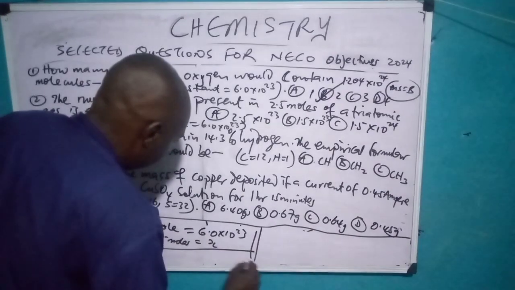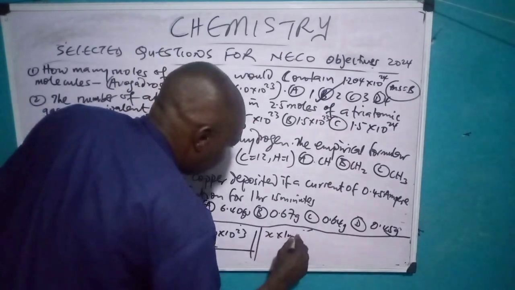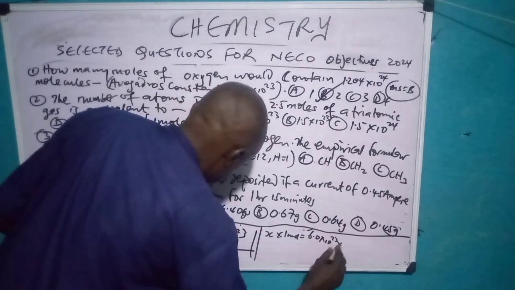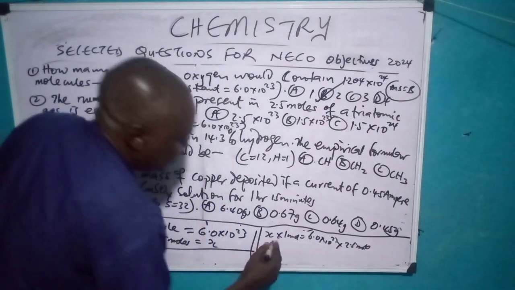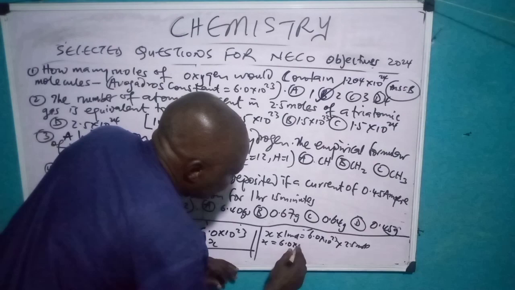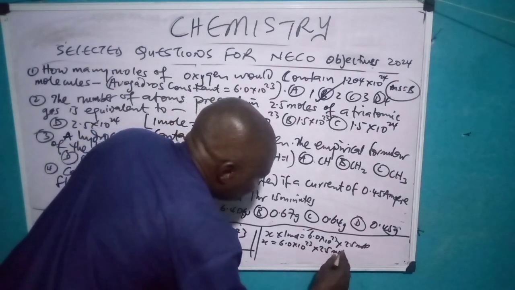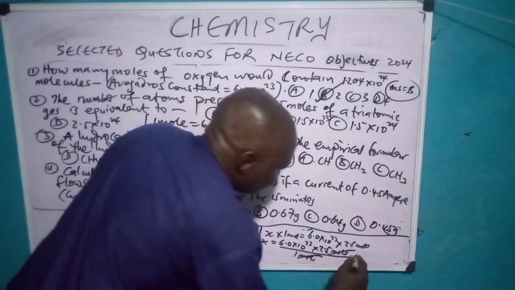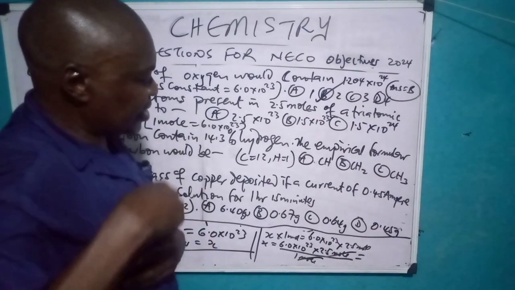You have S times 1 mole equals 6.0 times 10 to the power of 23 times 2.5 moles. S will now be 6.0 times 10 to the power of 23 times 2.5 moles over 1 mole. Mole will cancel mole. You now have 6.0 times 10 to the power of 23 times 2.5.